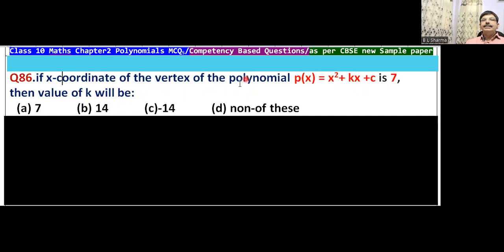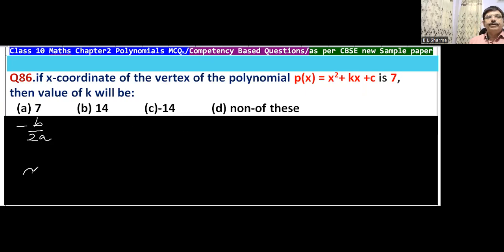The question is that this quadratic, means polynomial, and we know its graph is always a parabola. And the x coordinate of a parabola, I think you know it, the x coordinate of the quadratic parabola is given by minus b upon 2a.